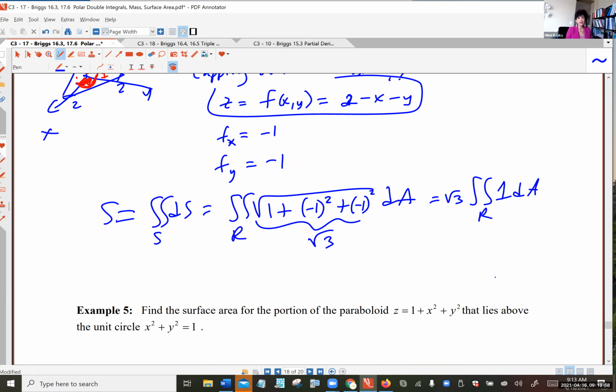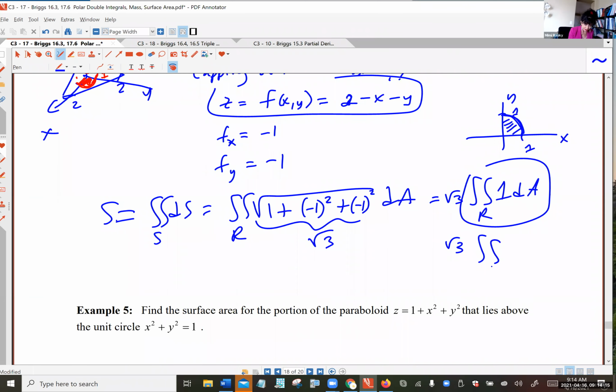Now, here's the part where I'll allow you to do shortcuts. Okay, listen up. This is the area of the region in the XY plane. So let me just remind you that that is a quarter of a circle centered at the origin of radius 1. Now, you could set up a double integral for that, and we could even do it in polar. It would be theta going from 0 to pi halves, r going from 0 to 1, and the area element for polar coordinates is r dr d theta, etc. But let's do a shortcut because we can.